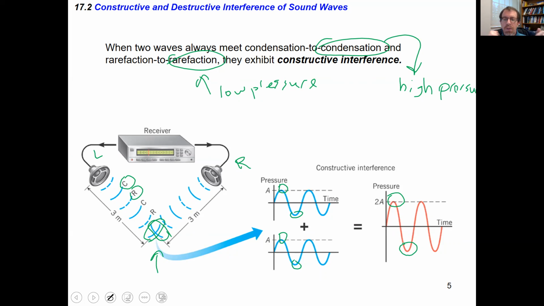So we can think about what goes on with our eardrums when they interact with these varying pressures. If I've got just a single source of sound, then my eardrum is going to vibrate in and out as the pressure waves, the variations in pressure, reach my eardrum.